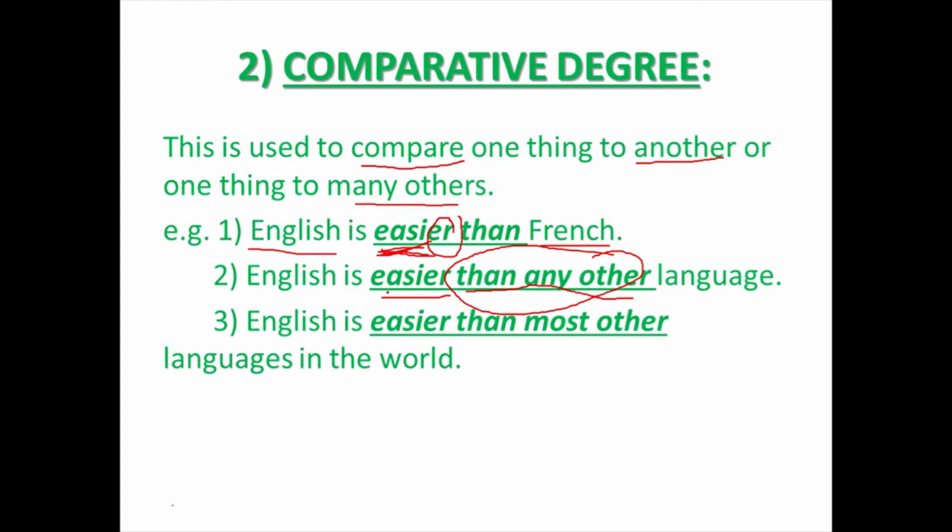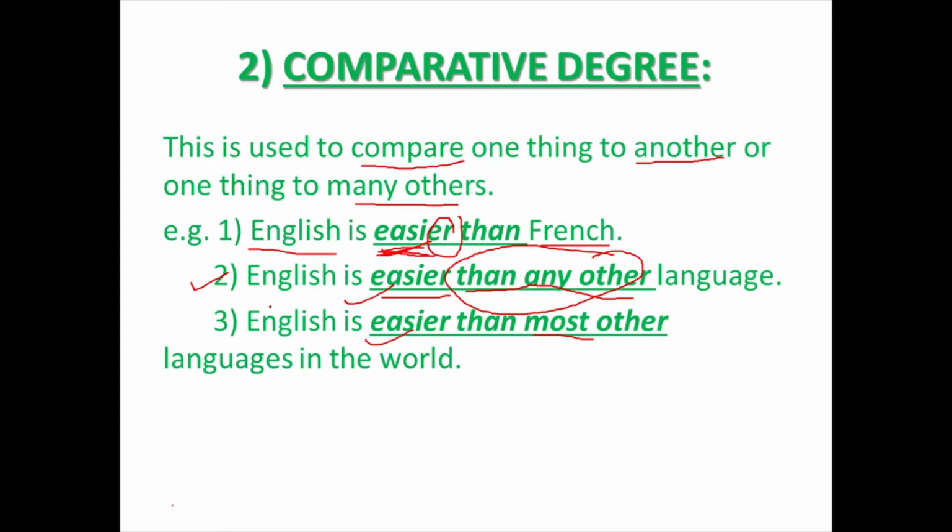And the most important sign is that you will find the adjective as "easier". In the second sentence, English is compared to any other language. Now the third: English is being compared with many other languages. English is easier, again the adjective is the same, easier than most other languages in the world.